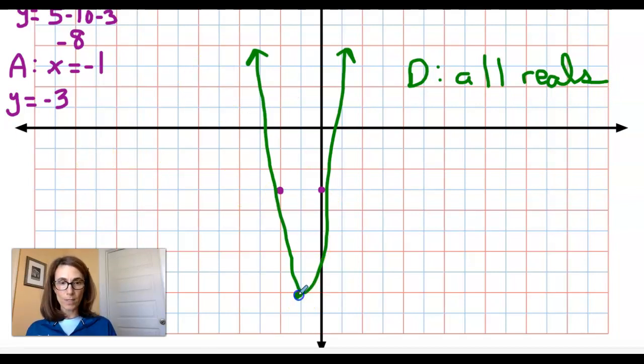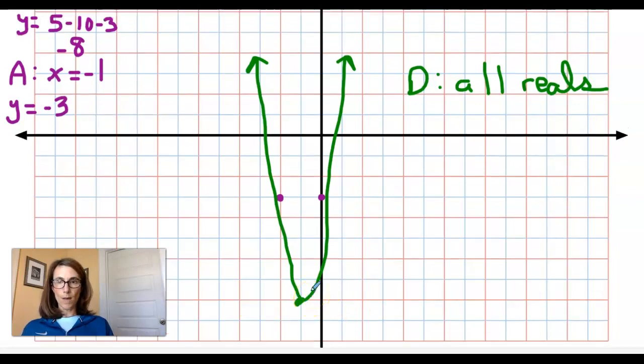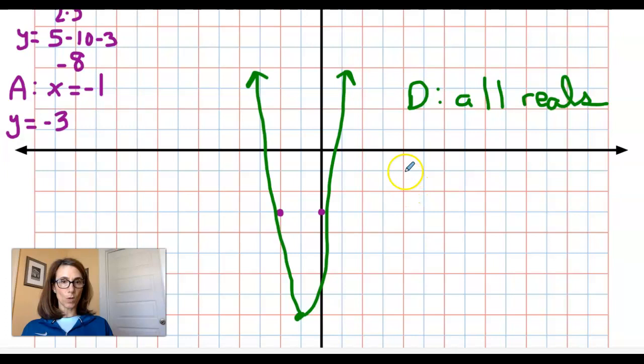However, for this vertex point, we have a minimum value. So nothing for y would go below negative 8. So our range is going to be from negative 8 up to infinity.